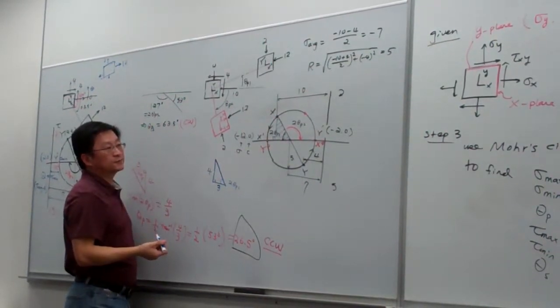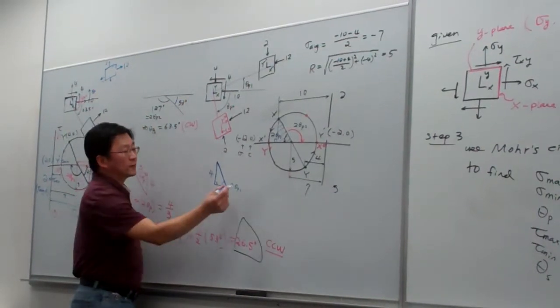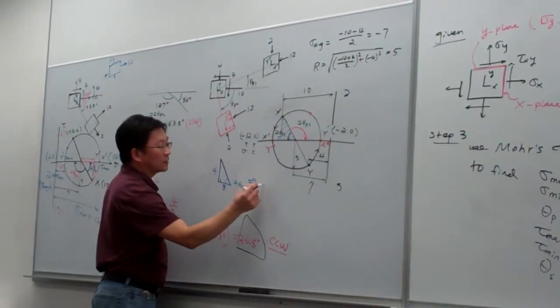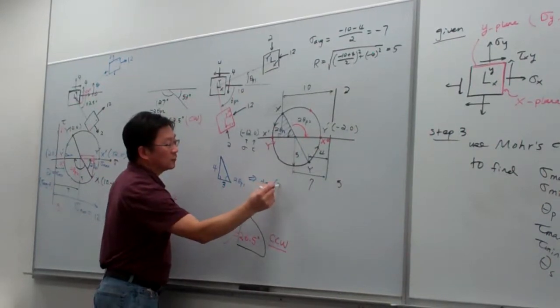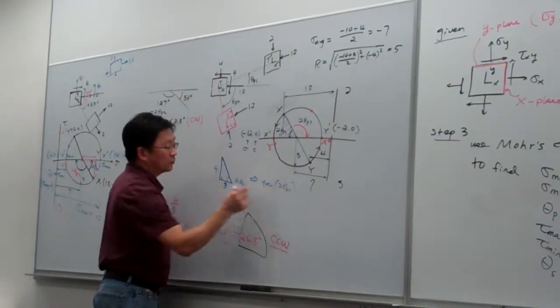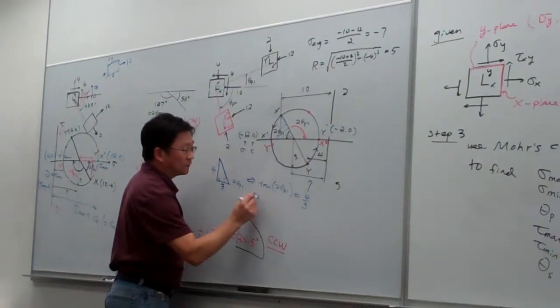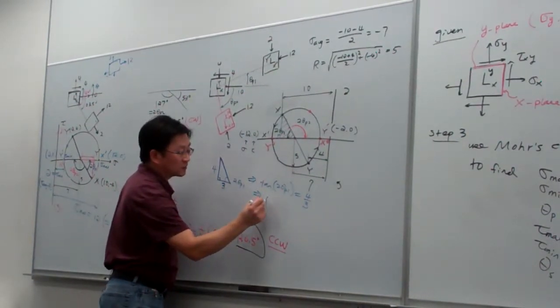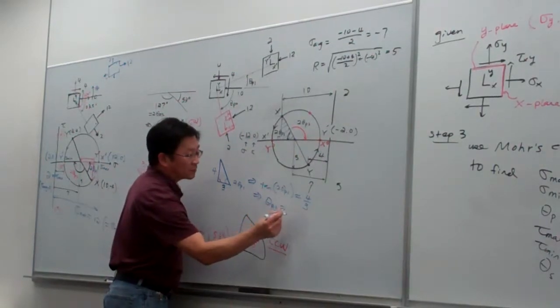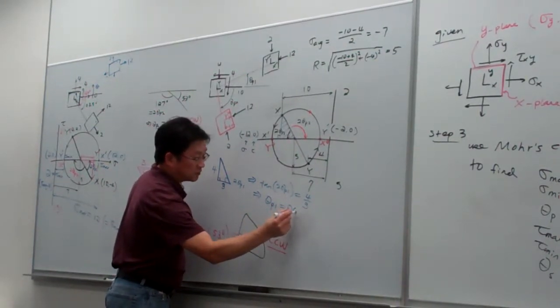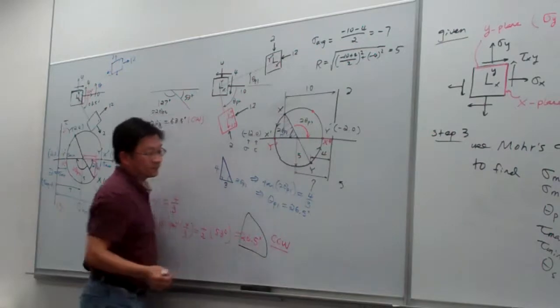So from here you can see the tangent of 2 theta P1 for this triangle is 4 over 3. Therefore, similar to this calculation, theta P1 has a magnitude equal to 26.5 degrees.